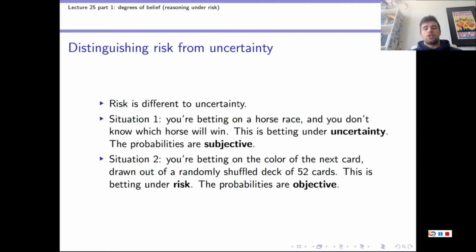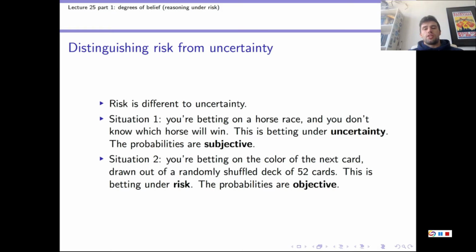Compare this to the other situation, which I described first, where you're betting on a horse race. Here the probability of the winner is unknown, and unlike the card situation, different people might apply different probabilities to any one of the horses winning. So we can't directly observe someone's beliefs, and therefore we might think of the probabilities in this situation as subjective rather than objective.